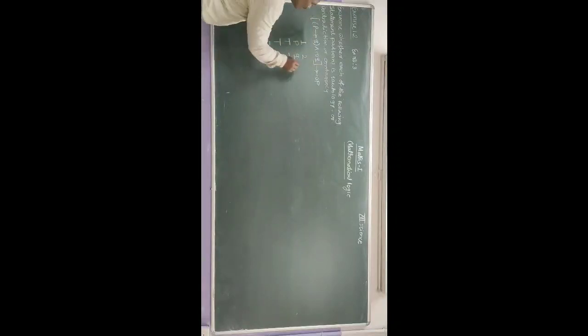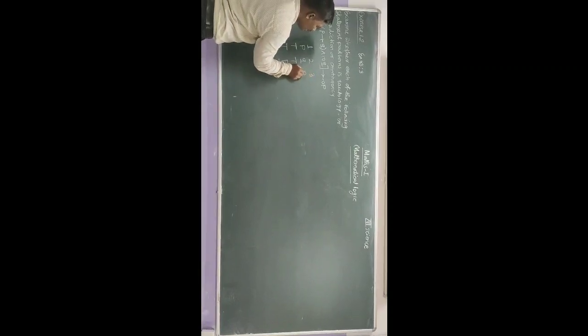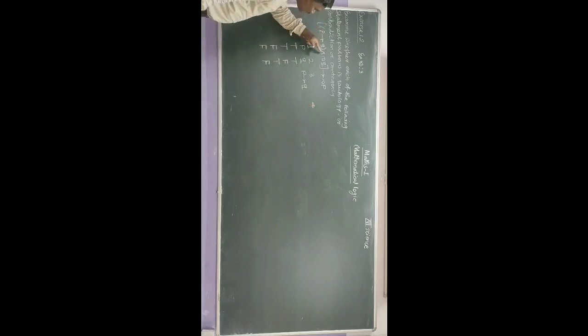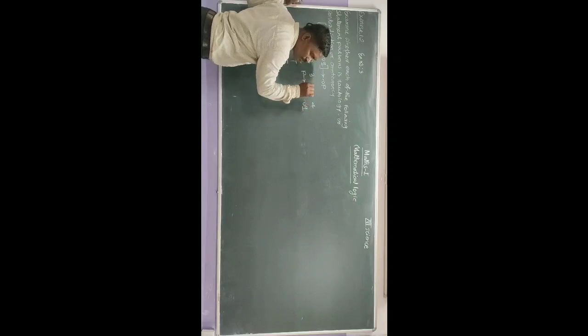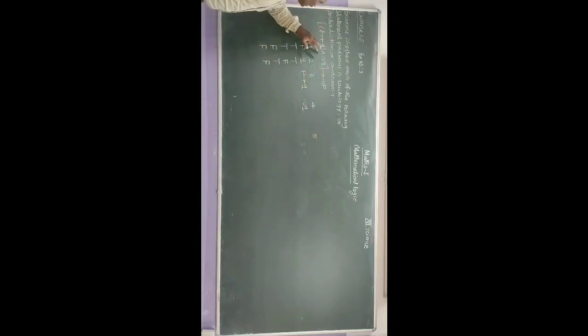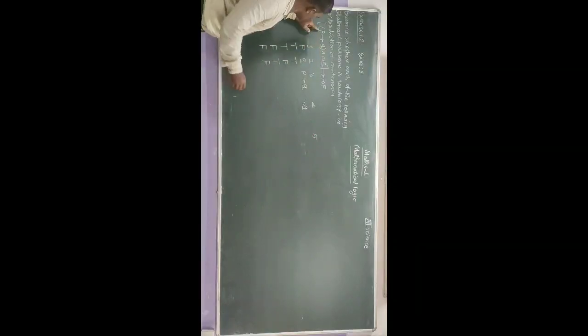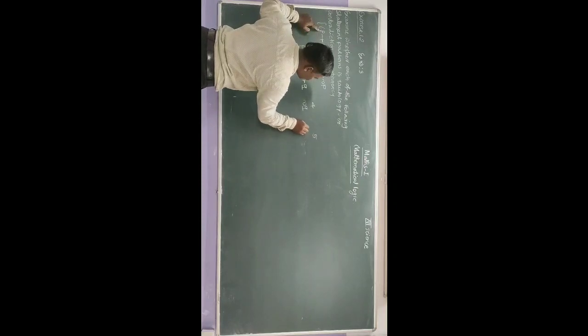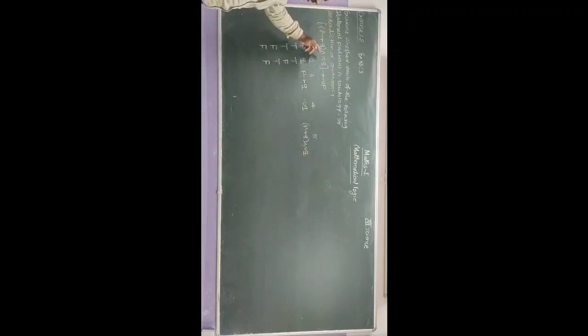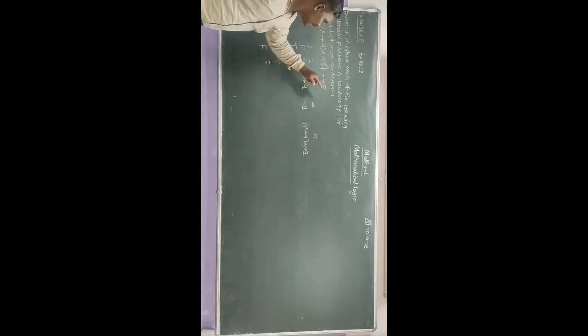Third column is P implies Q. Fourth one is negation Q. Fifth column number 5 is P implies Q conjunction with negation Q. And the sixth column is this column number 5 implies negation of P.